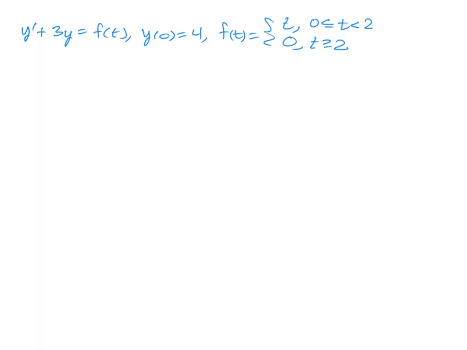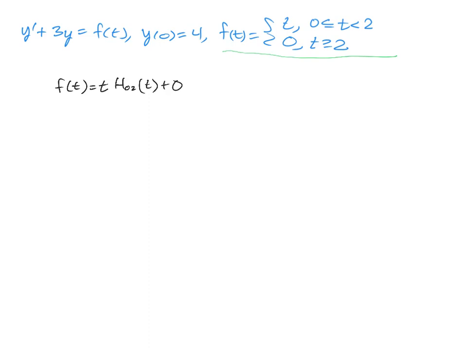So the first thing we have to do in this problem is take our forcing term and express it using the Heaviside function. We've got our f of t, and remember, it's equal to t times the interval function on that interval 0 to 2, and then plus 0 for the rest, because the function is equal to 0 for t greater than or equal to 2.